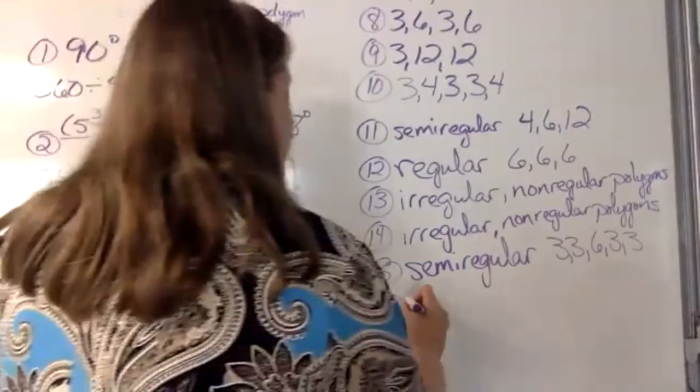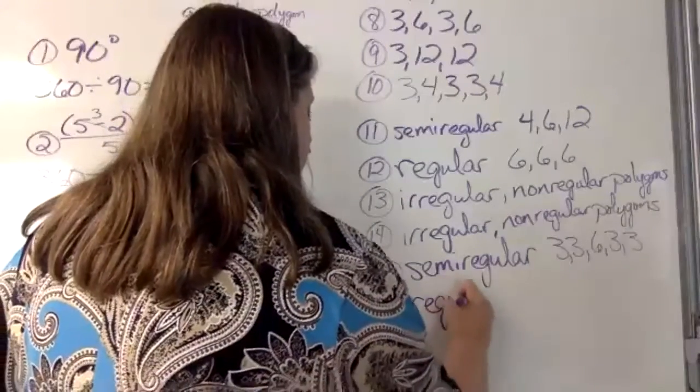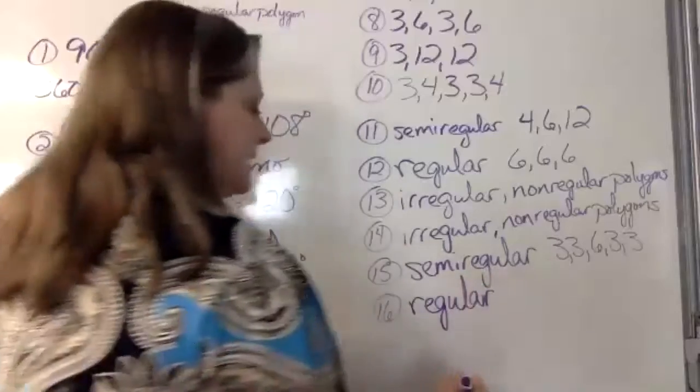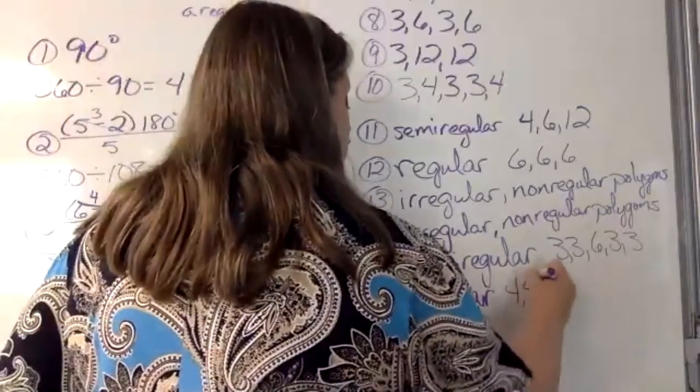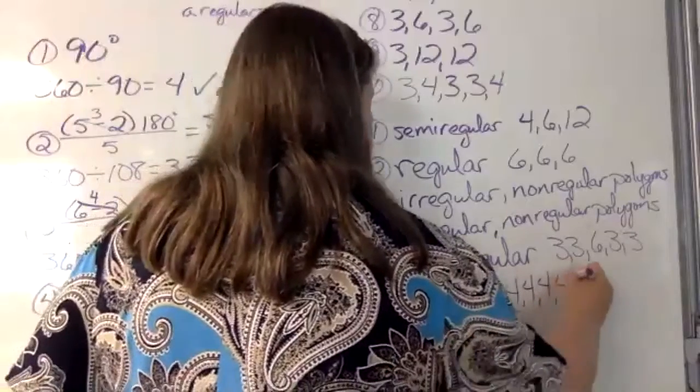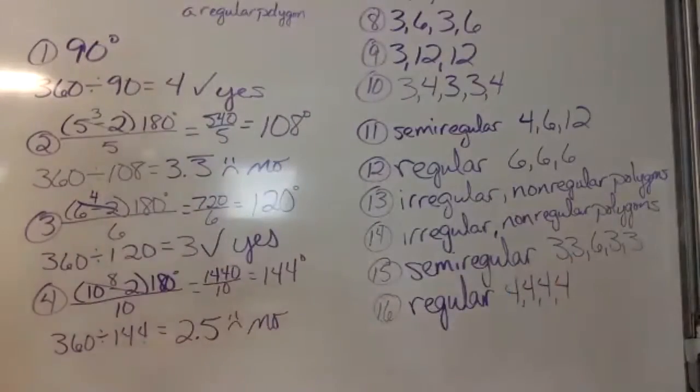So since it only has one shape, it's regular, because that shape is a regular polygon, a square. And 4 squares meet at each vertex. So by the numbering system, it's 4, 4, 4, 4.